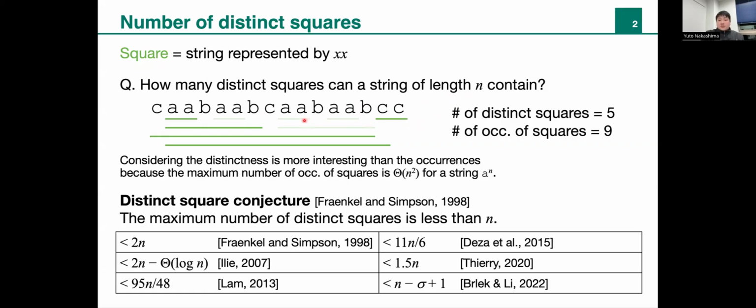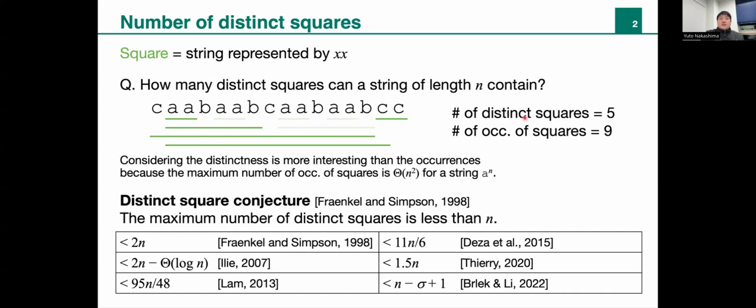Let's see this example. In this example, there are 5 distinct squares. One is AA, and C and AB is here, and the longer two squares are here.